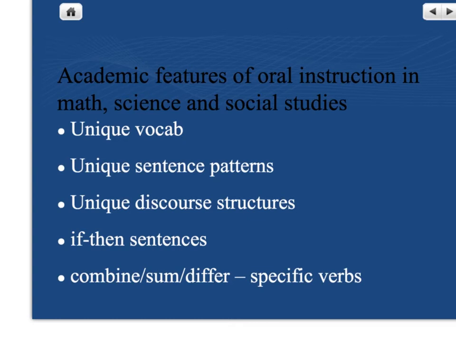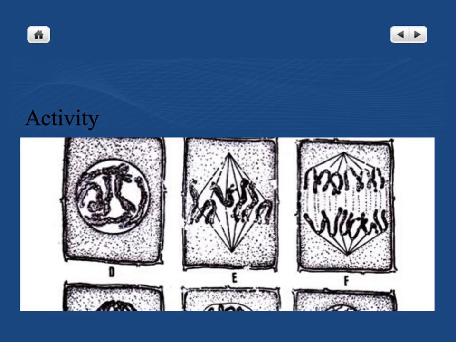So we all know that when we're teaching content areas, there's unique vocabulary, especially in science and math and social studies. There's unique discourse. There's the passive constructions. There's the conditionals. Words that mean something in regular language mean something different in content-specific language. That has to be explicitly taught.